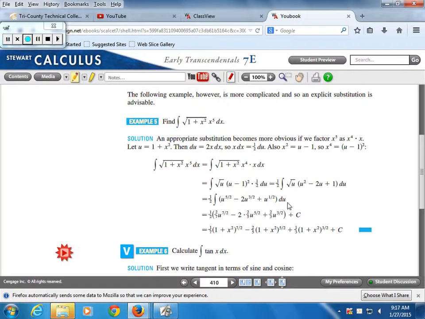That 1/2, what could you do with that 1/2? Like any constant, what can that 1/2 do? Pull it out. And then you've got a regular antiderivative problem.